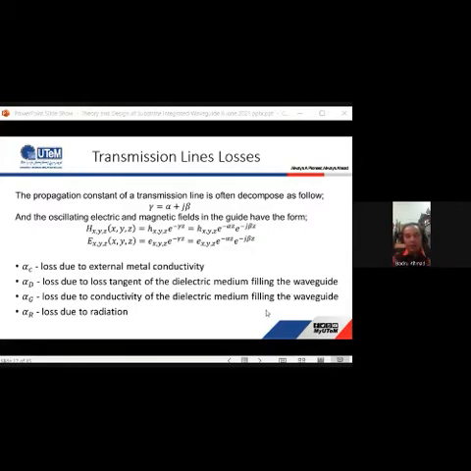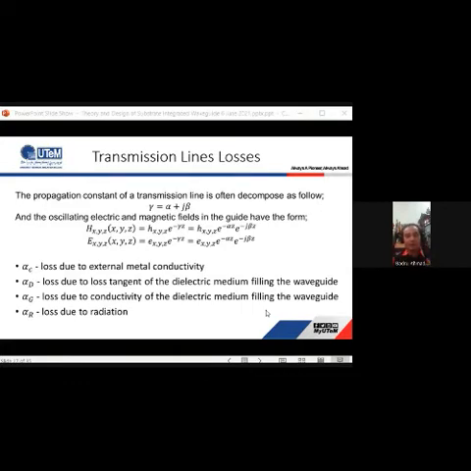Every electromagnetic signal has gamma equals alpha plus j beta, basically the real and imaginary parts, and we also have the oscillating electric and magnetic fields here. From here you can see that beta is the propagation constant, and alpha is the losses created by the nature of the technology.